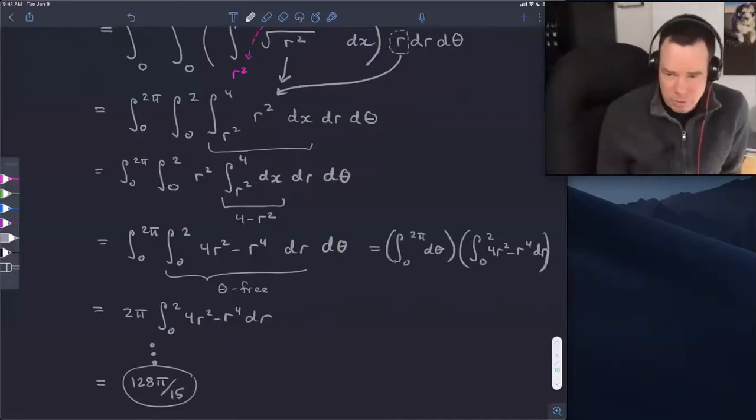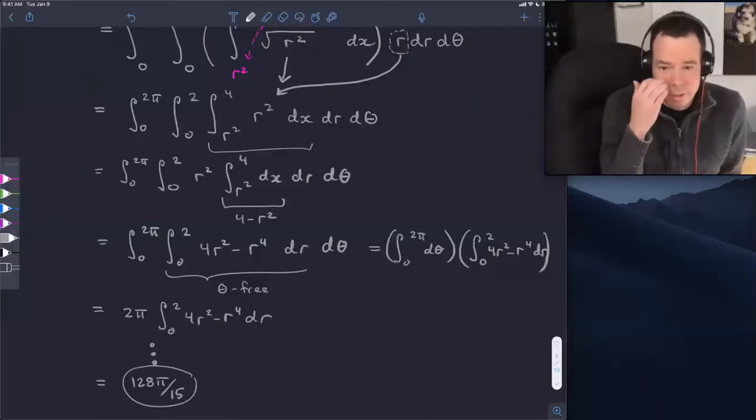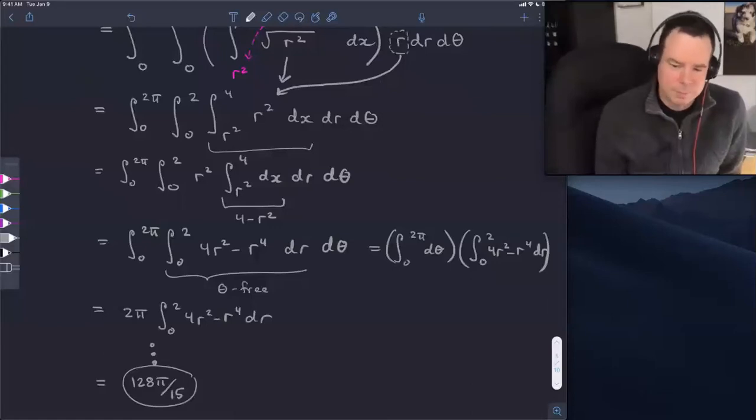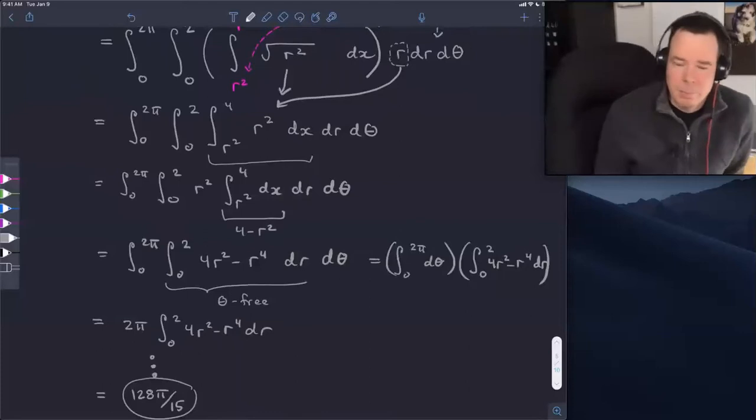And if you make some observations that things are constant relative to certain variables, then you can split the integrals up and make them even simpler. In this case, there's really only one integral to compute, the r integral, because the other ones were just integrals of a constant. The challenge is the setup.